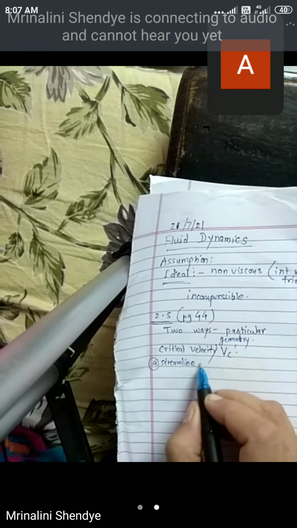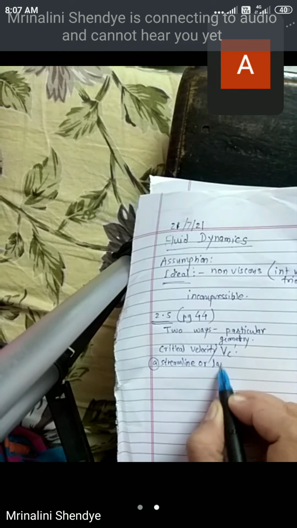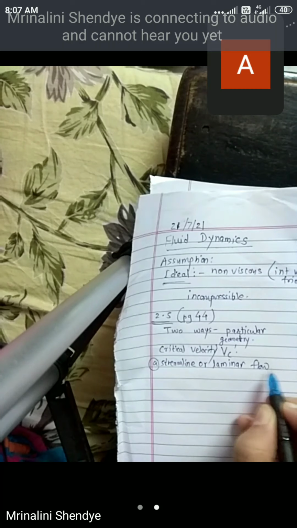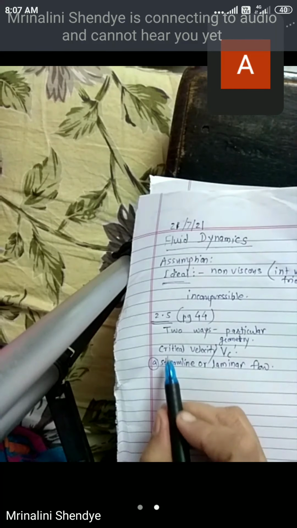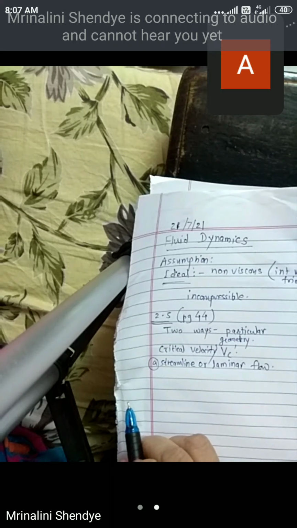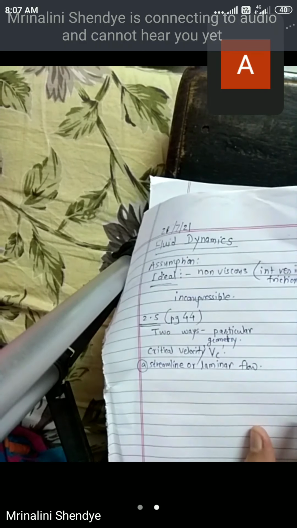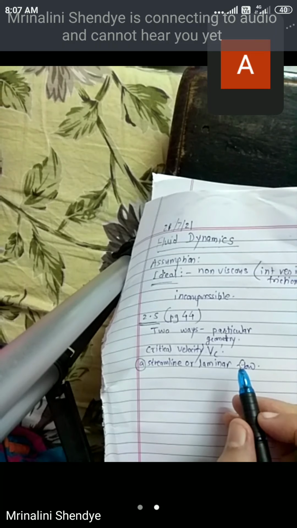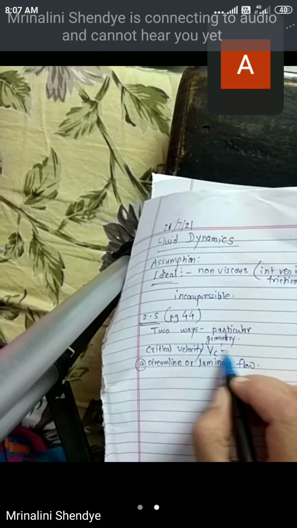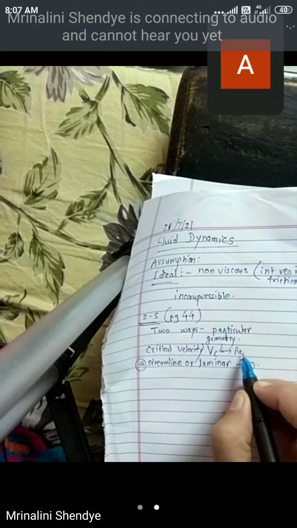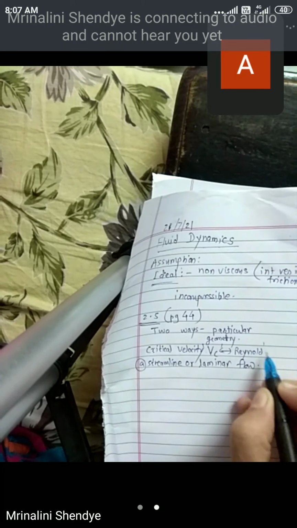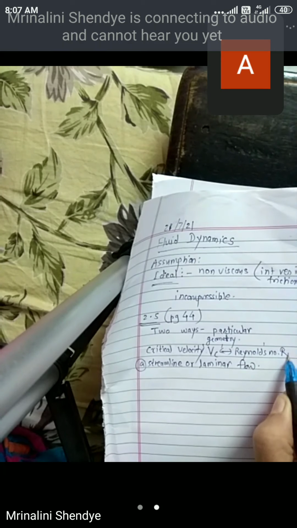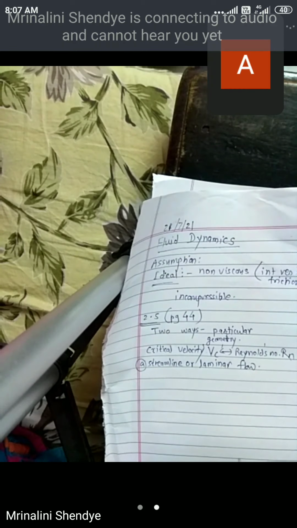It is also called laminar. This critical velocity is related with another physical quantity, a dimensionless pure number, which is called Reynolds number. It is denoted by the symbol R, capital N small suffix.